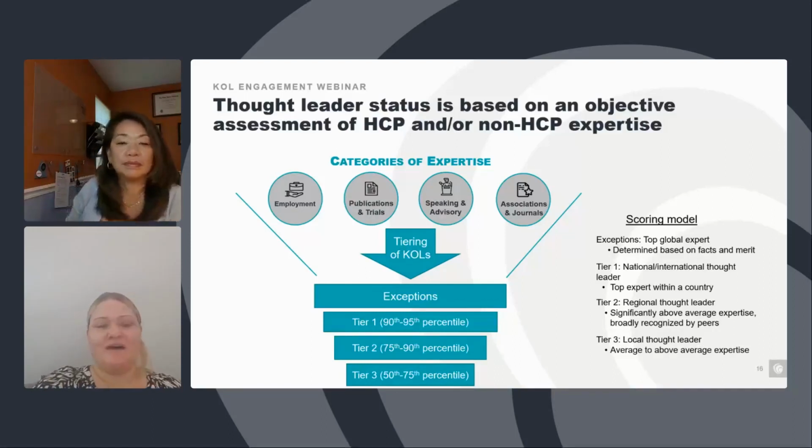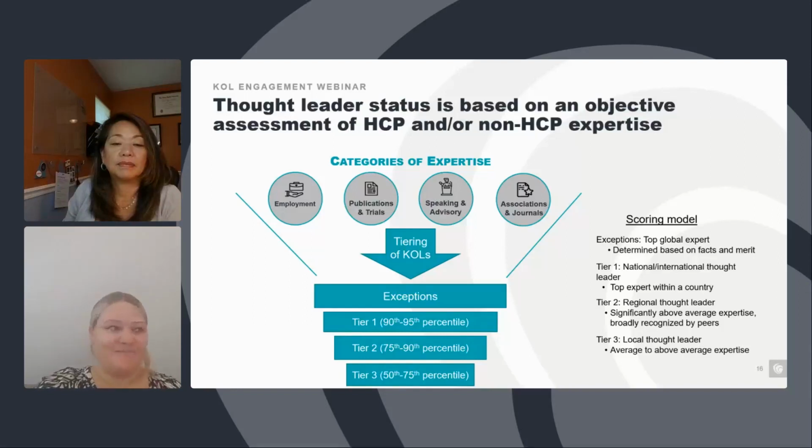For certain non-KOLs that you might engage with, are they a chief executive officer at a payer, or are they a patient advocacy executive? So it does get to not only what institution are they affiliated with, is it a leading institution in their therapeutic area, but what is their role level at that institution?